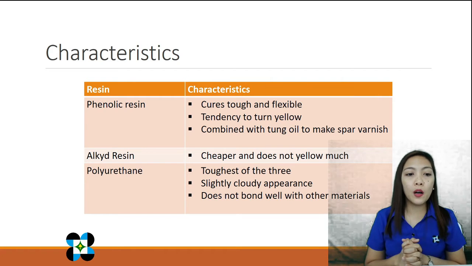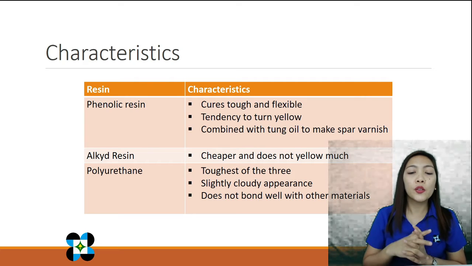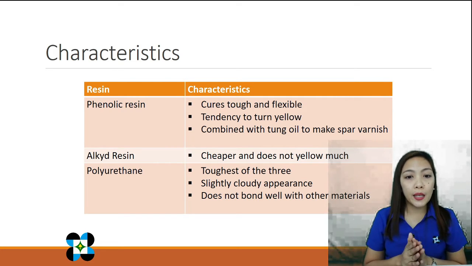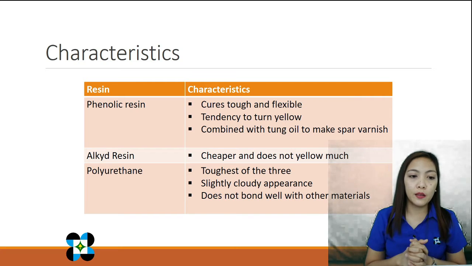So, yung mga phenolic resin, ang characteristic niya is it's pure, tough, and flexible. However, it has the tendency to turn yellow over time at na-combine siya with tung oil to make spar varnish. So, yung mga nabibili natin na spar varnish is actually made from phenolic resin. Yung alkyd resin naman is cheaper at hindi siya masyadong nagiging yellow as time passes by.